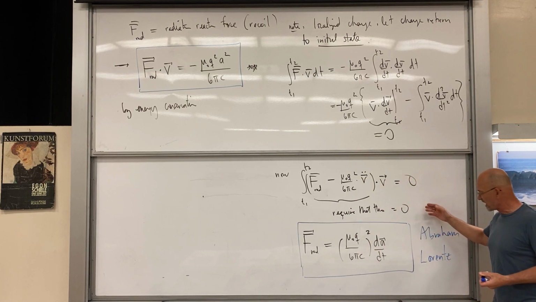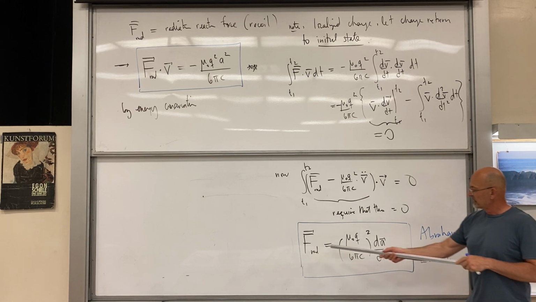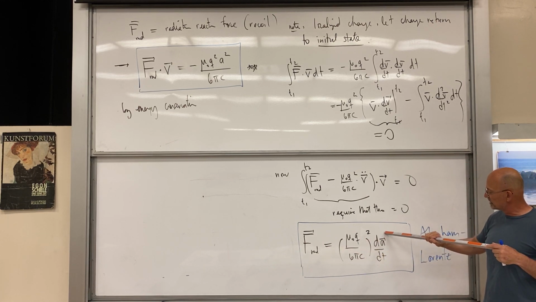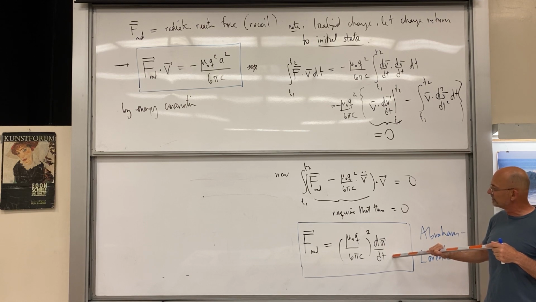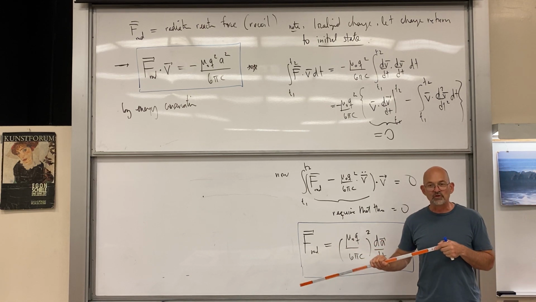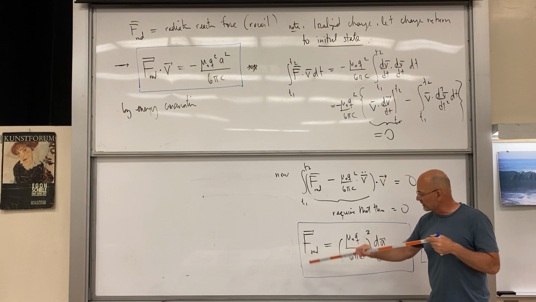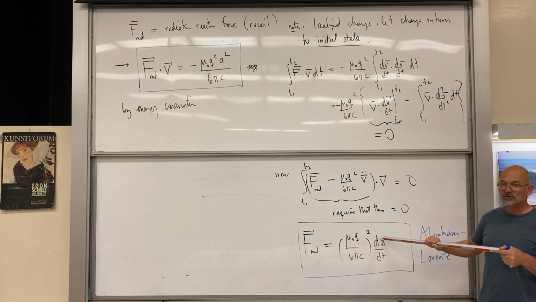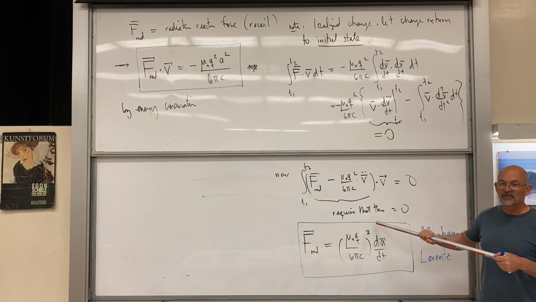So we've got the Abraham-Lorentz formula. The radiation reaction force is proportional to the derivative of the acceleration. So our next step is to just take Newton's law. Mass times acceleration is equal to this constant times the derivative of the acceleration, and we solve that.